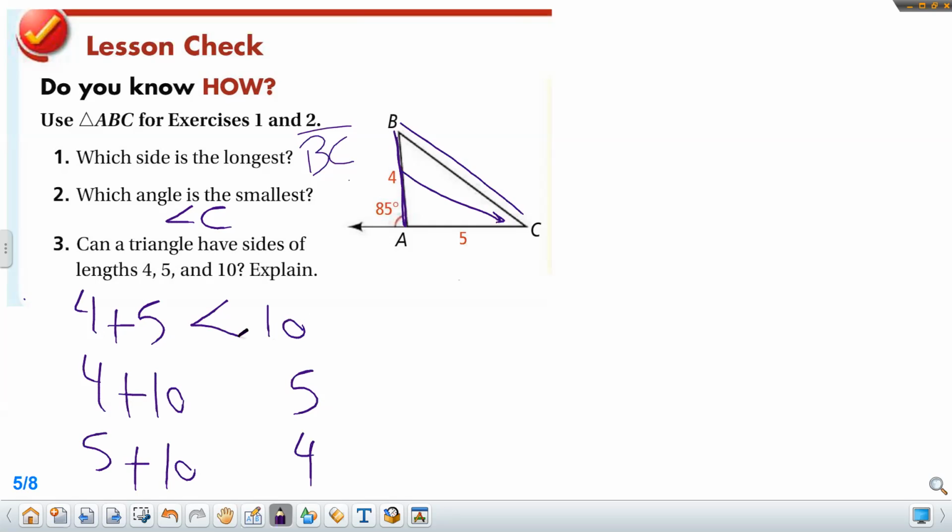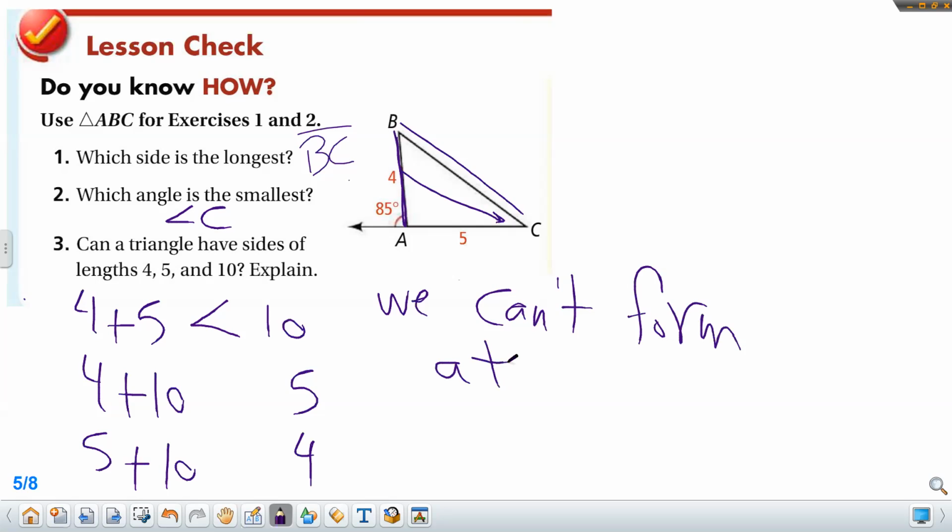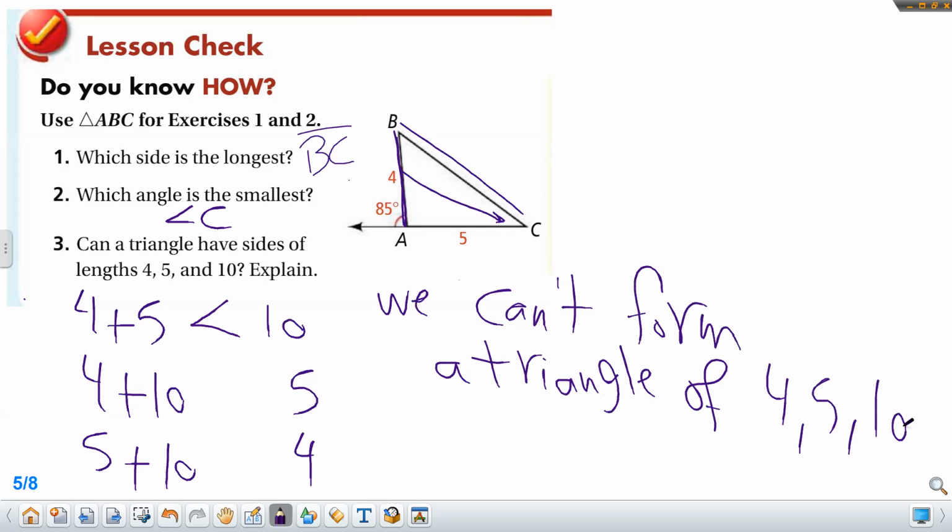So we can't form a triangle of sides 4, 5, and 10, because the sum of two sides is less than the third side; it must be bigger than it.